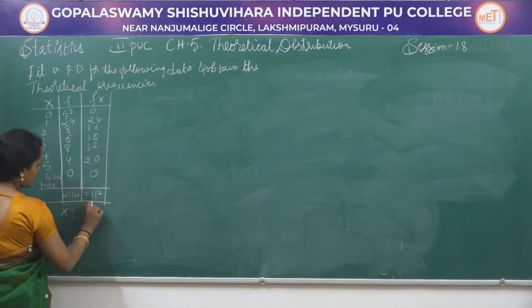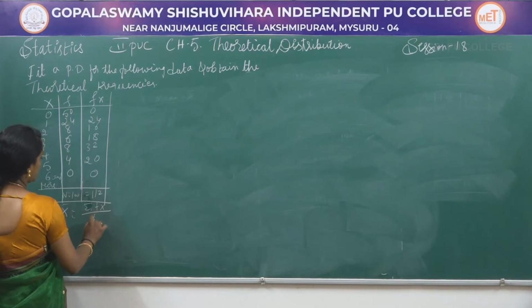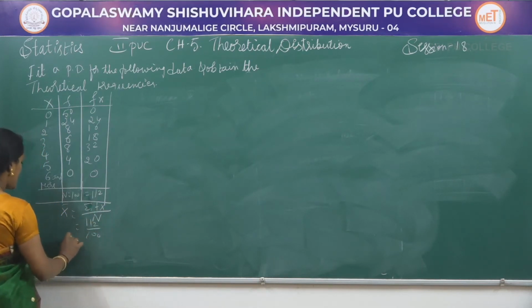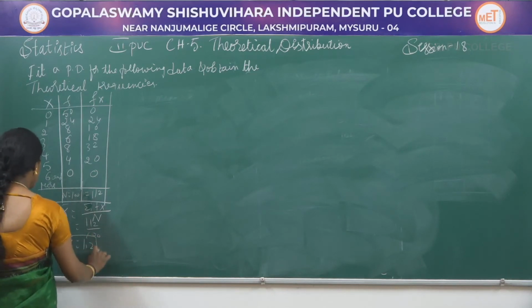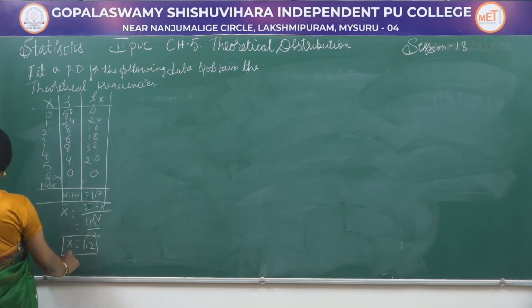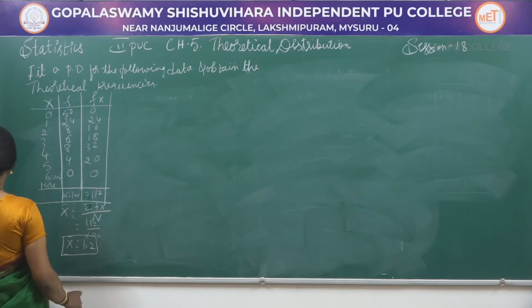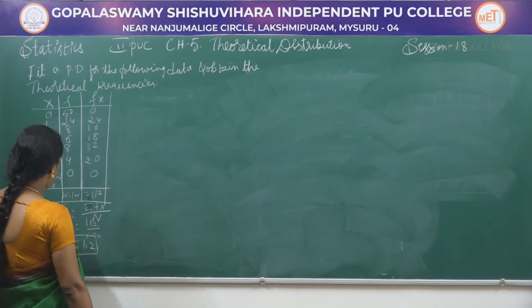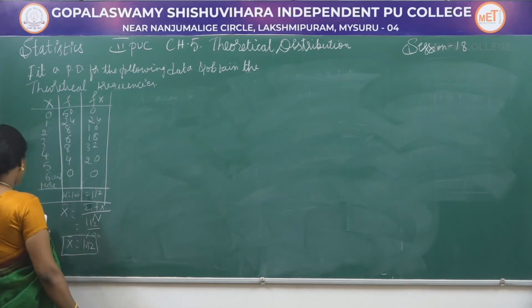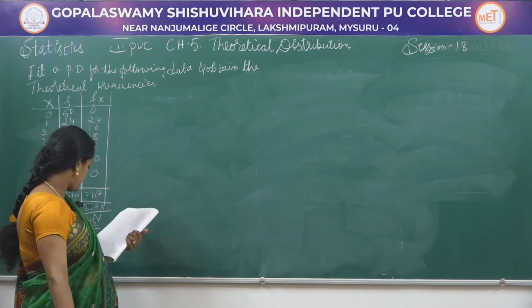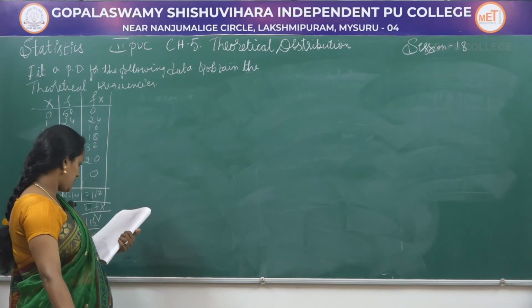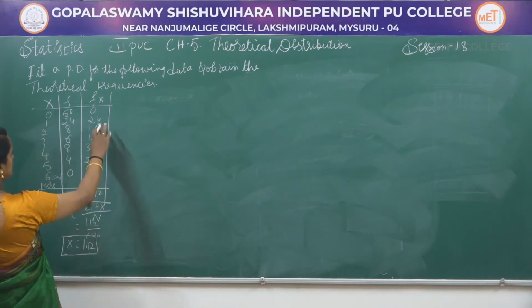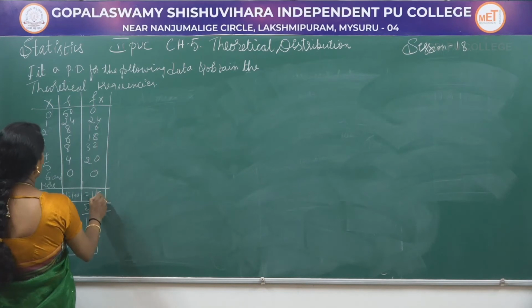First find out x bar. It is summation of fx divided by n, and this is 112 by 100. So x bar is equal to 1.12.